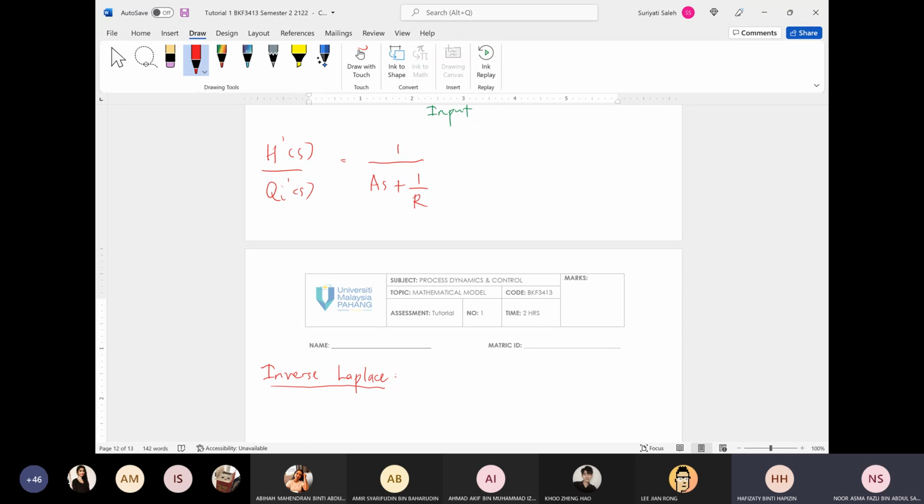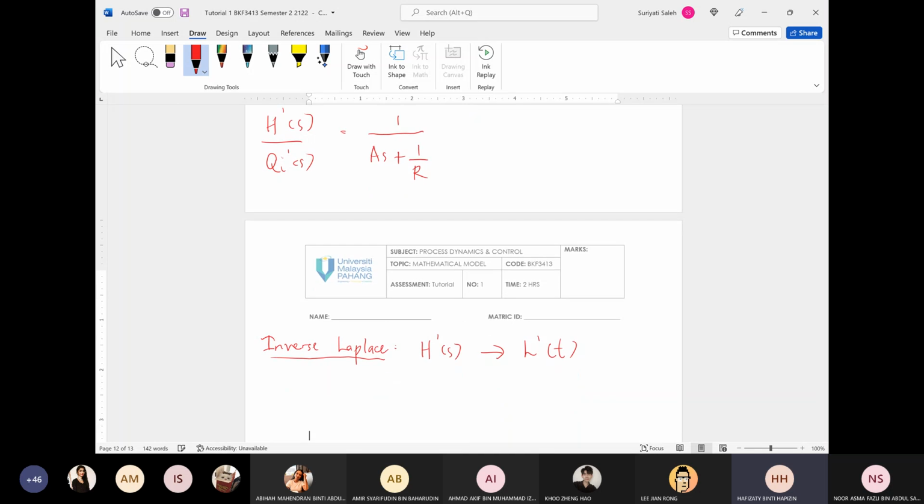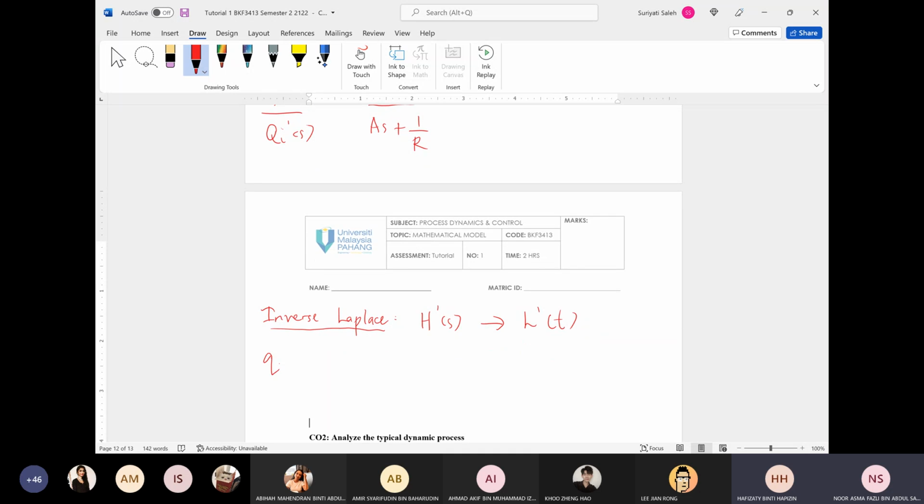So in this case, we want to make sure we convert from H prime S into H prime t. We know that Qi prime is equal to Qi minus Qi bar. It's the same thing, the same input has been used.